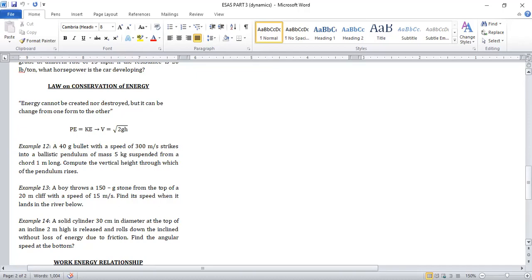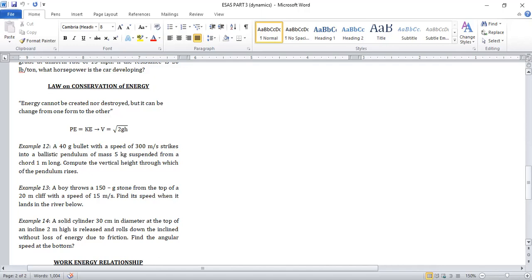No? On the other hand, the kinetic energy possessed by a moving object will not become zero when it comes to rest, but it will be equal to the potential energy developed by that object after coming to rest.